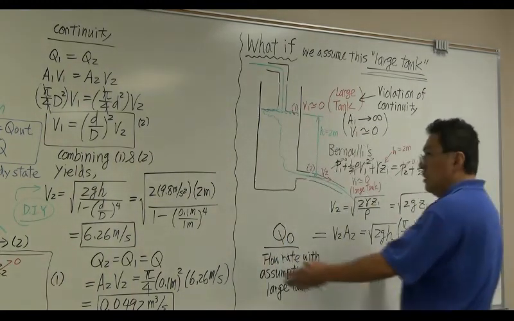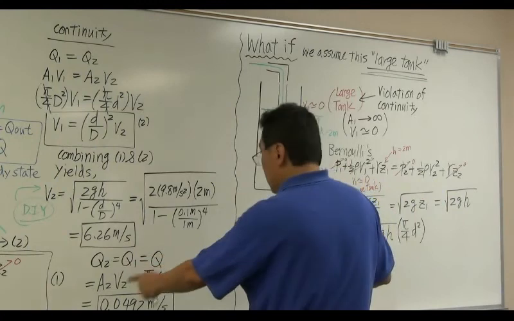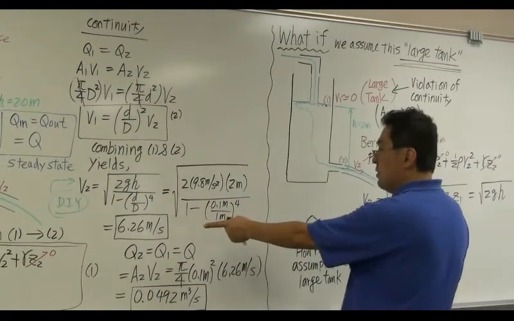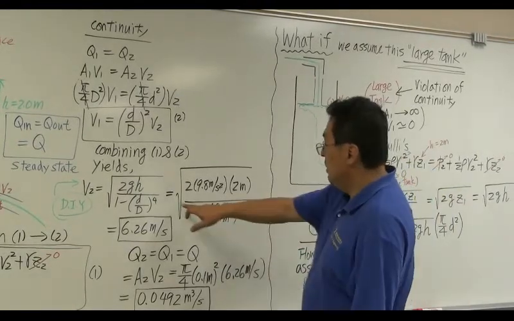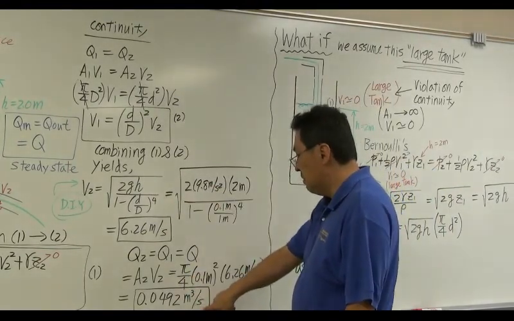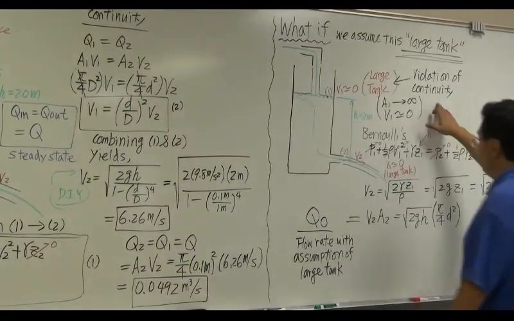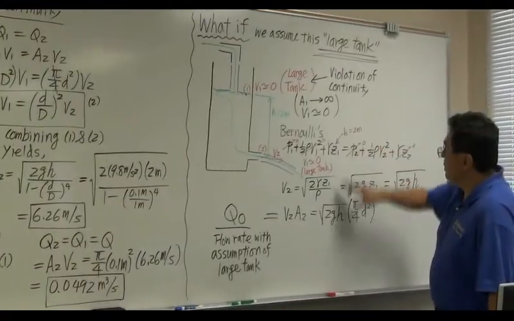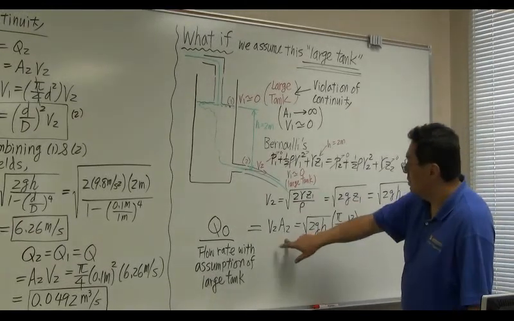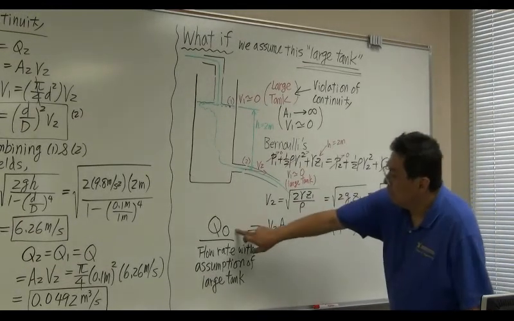So obviously quite a bit of a different equation here. So in this solution, B2 is this. B2 times A2 gets you this much flow rate. With the large tank assumption, the solution is much simpler. B2 is simply the free jet velocity multiplied by the cross-section area, which gets you the flow rate.